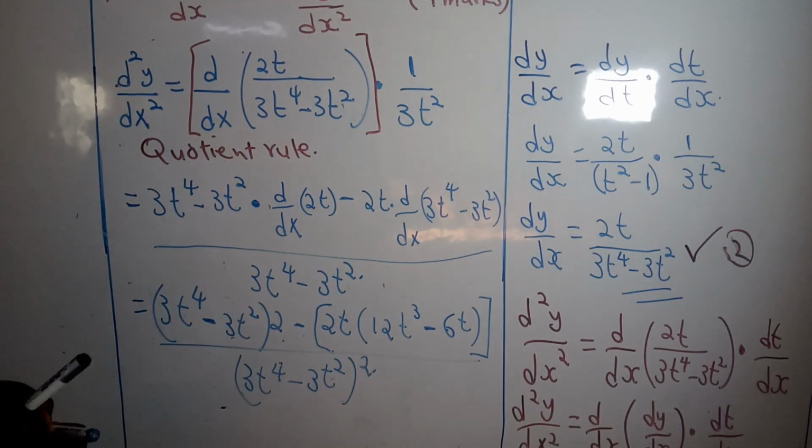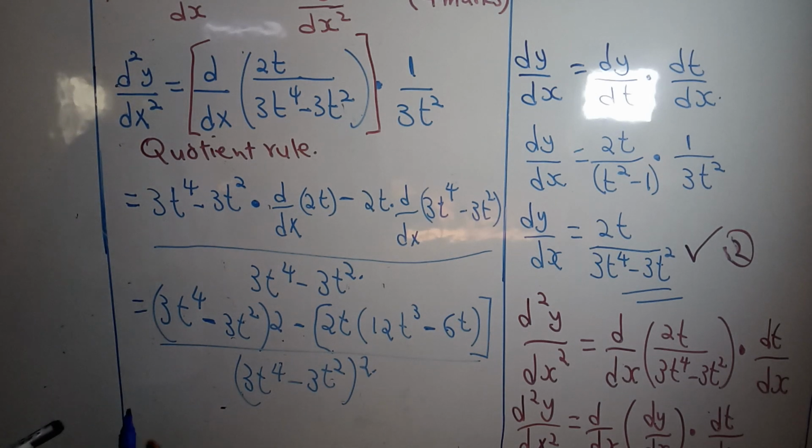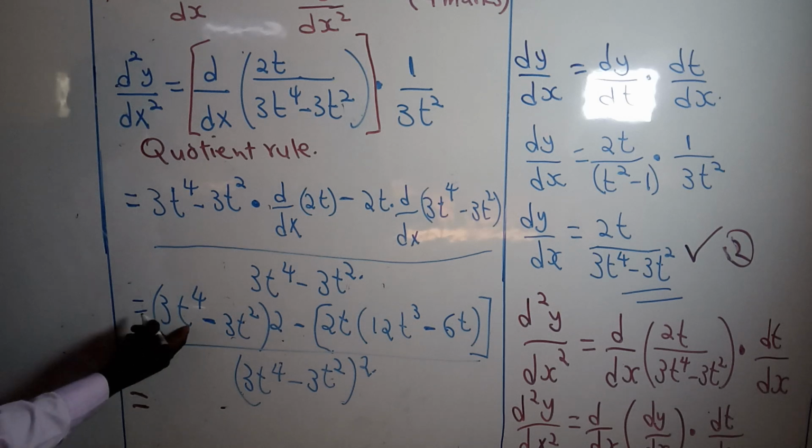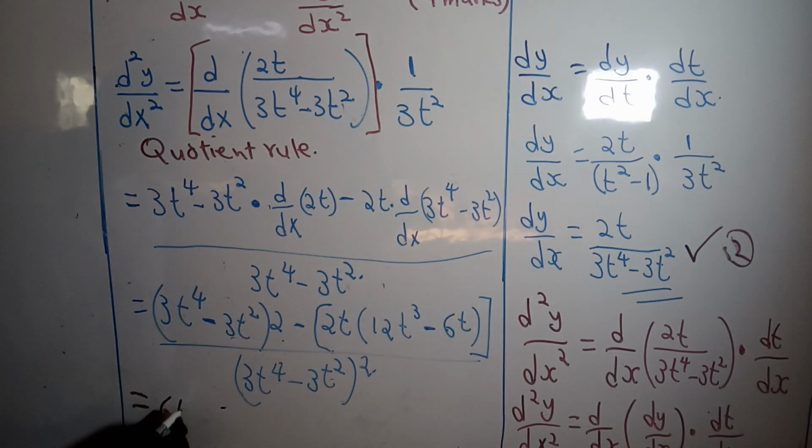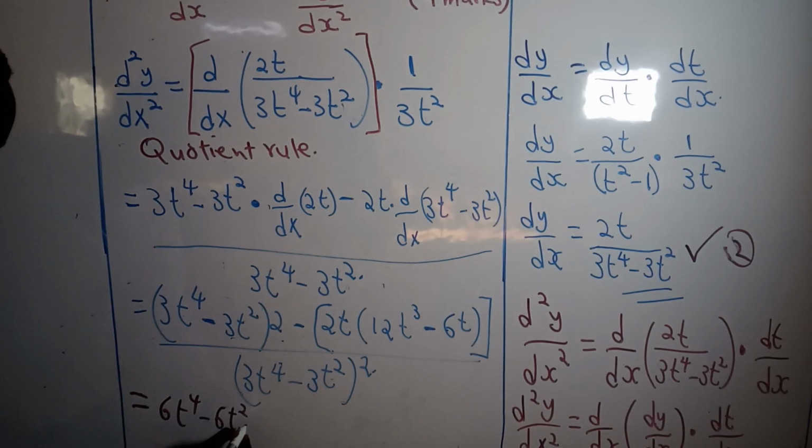By doing that, when you multiply this one, you are going to get 6t to the power 4 minus 6t squared.